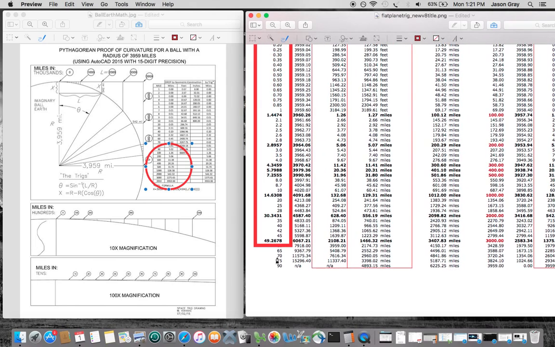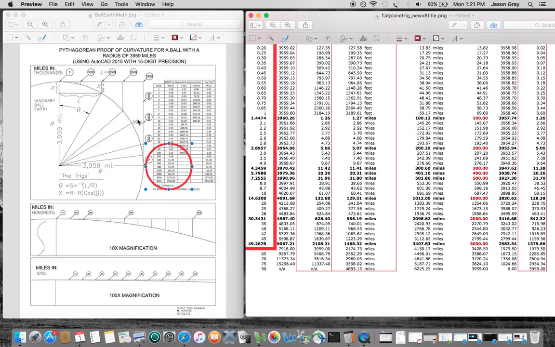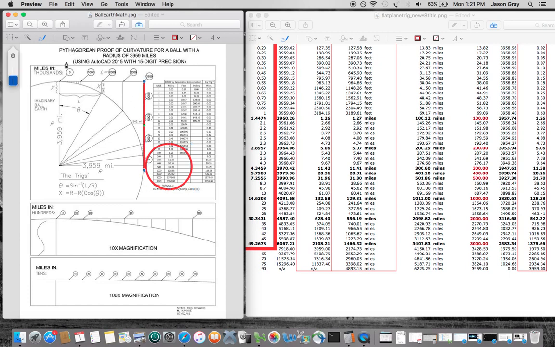The reason is that the ball earth math is just measuring these two lines here. It's the same number you'd get if you forced a line along the line of sight from both these directions, along here, that's what they're measuring.